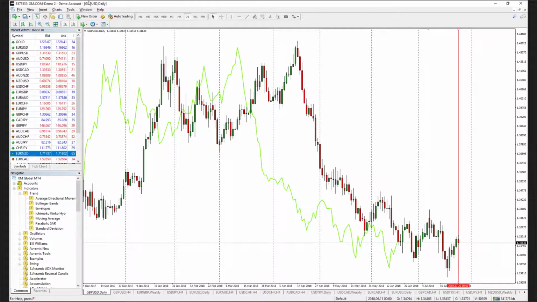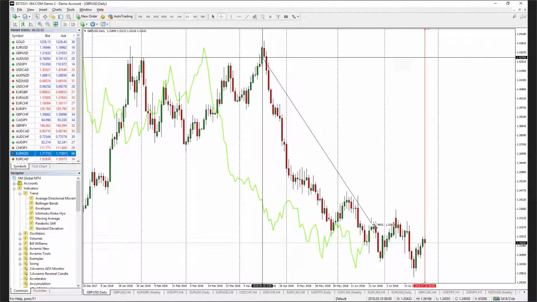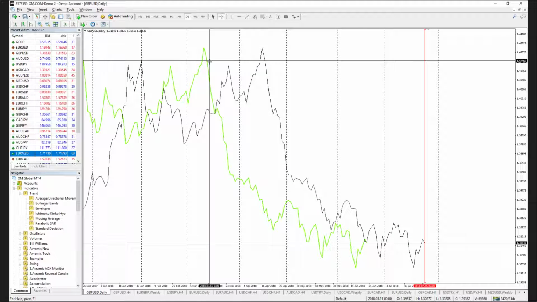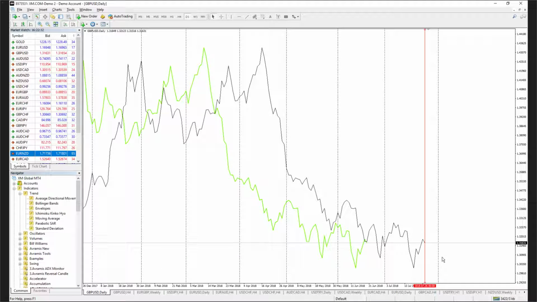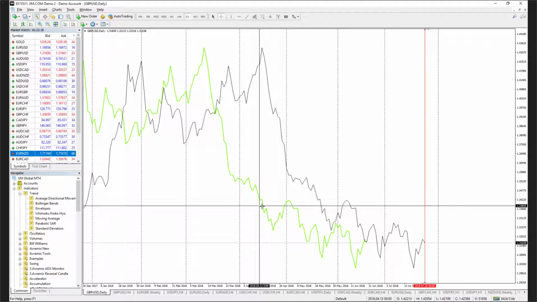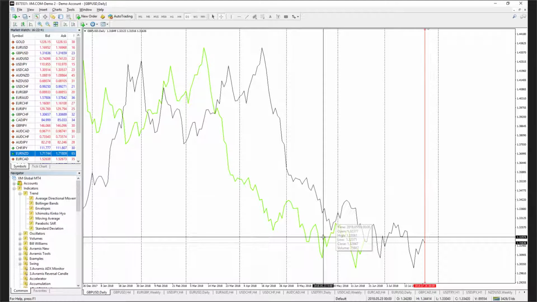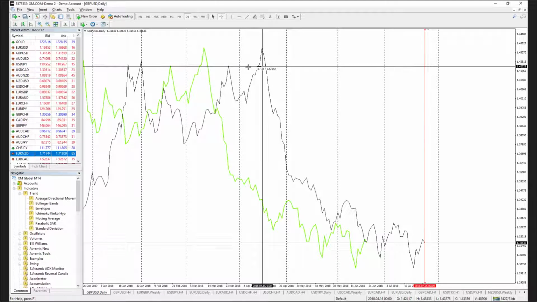Now look at this just so we can see exactly what it is. I'm going to change my candlestick chart to a line chart. Now remember what a line chart is. It's simply a straight line connecting the closing price of each period. Now, if you notice very clearly now, you will see that the green line is an exact copy of the line chart, only plotted 26 periods behind.